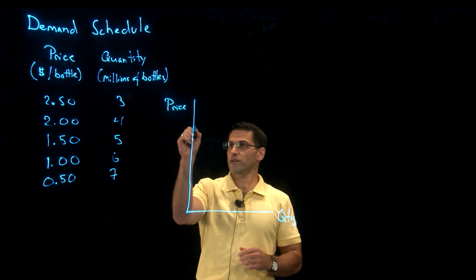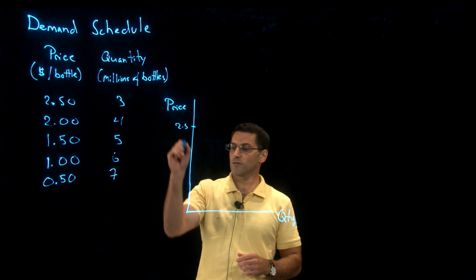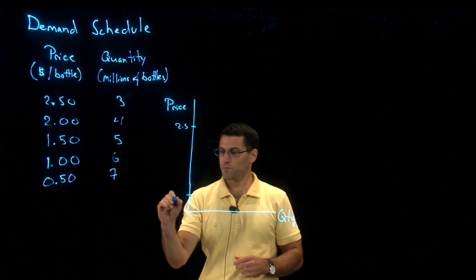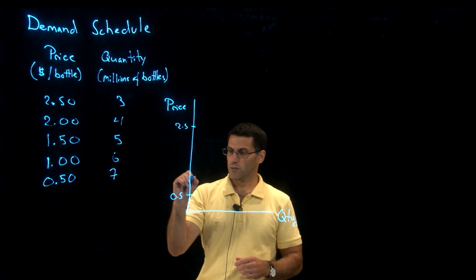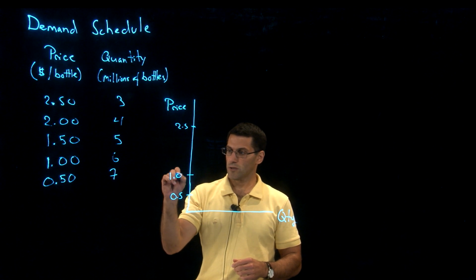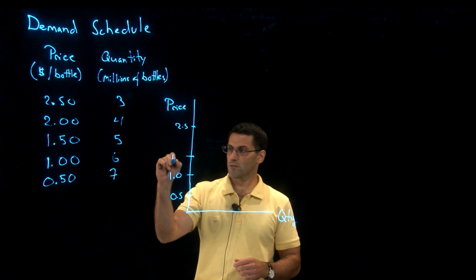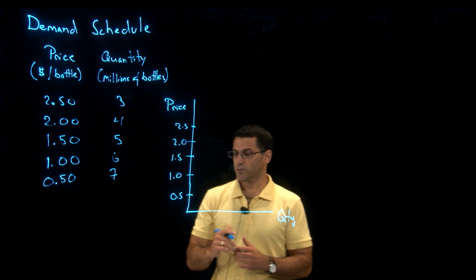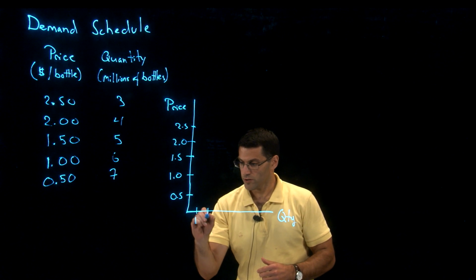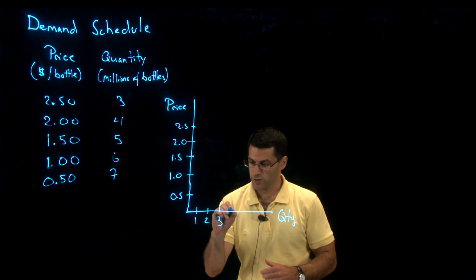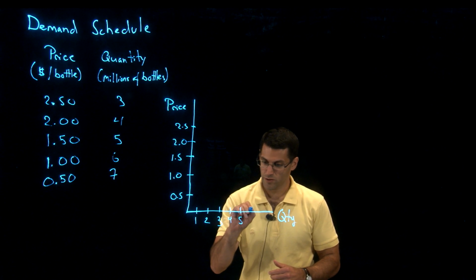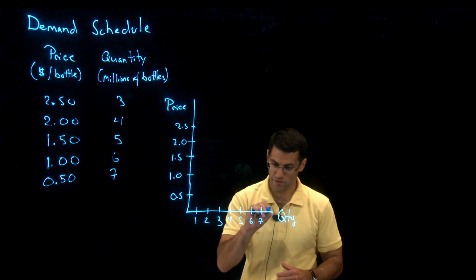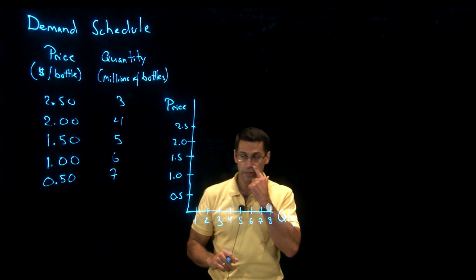I'll take my different prices, starting from the bottom, and then quantities 1, 2, 3, 4, 5, 6, 7, and we'll go all the way up to 8.